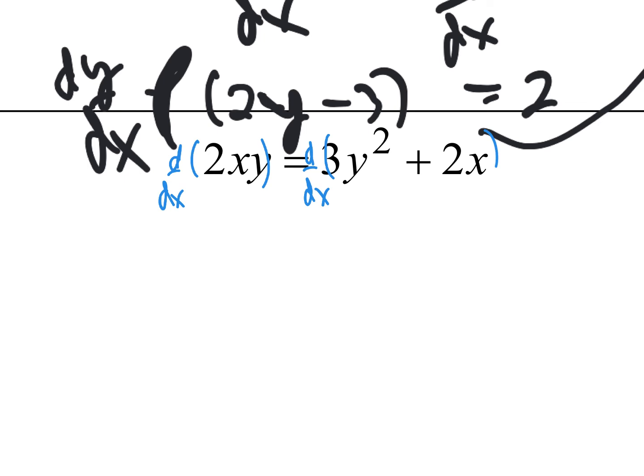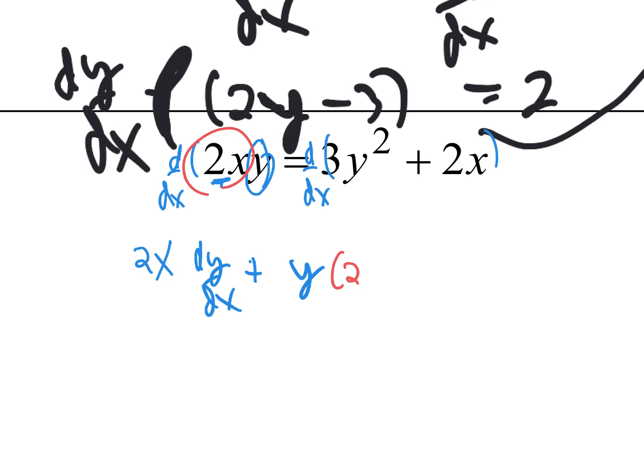So it's the first, that's 2x, the first times the derivative of the second. The derivative of y is 1 dy dx plus the second, which is the y, times the derivative of the first, which is 2 dx dx.